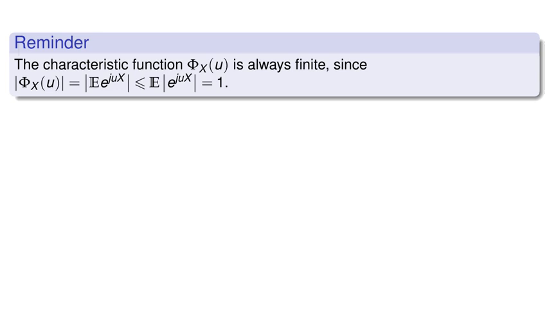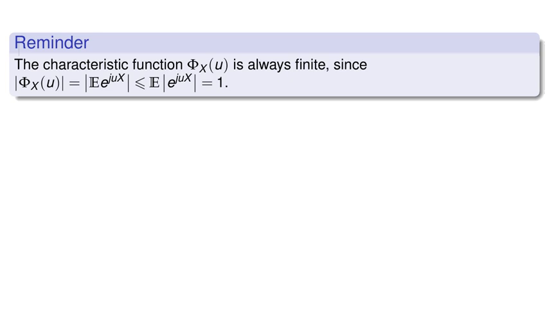An important reminder about the characteristic function phi sub x of u. It is always finite. Why? Because the magnitude of phi sub x of u, which is the magnitude of the expectation of e to the jux, is less than or equal to the expectation of the magnitude of e to the jux.